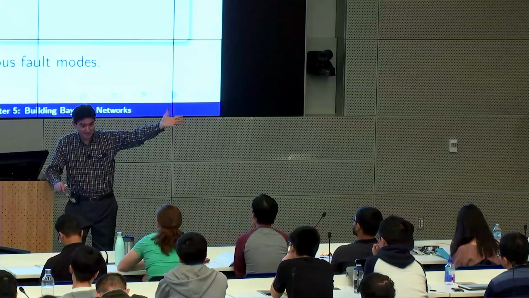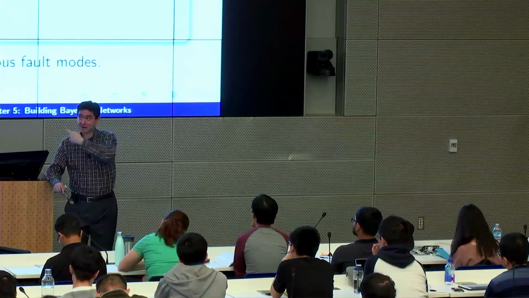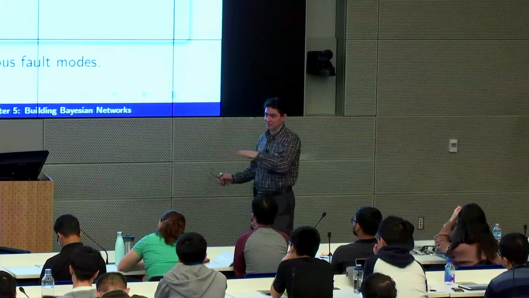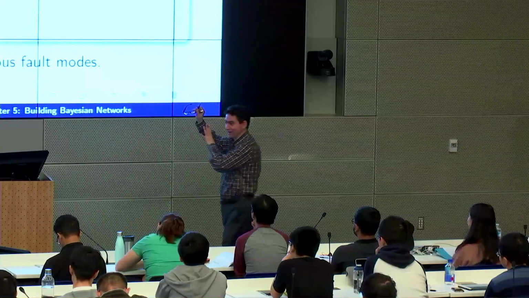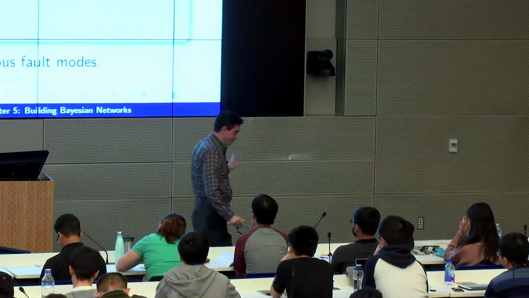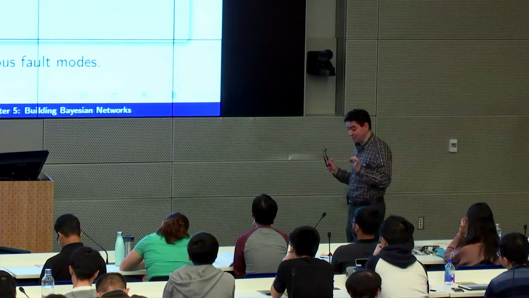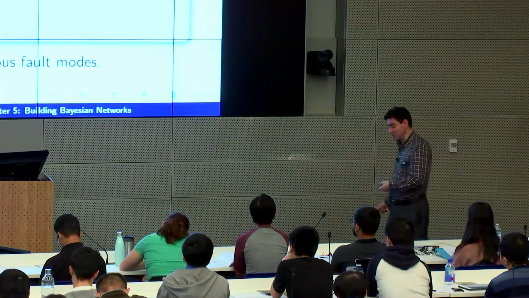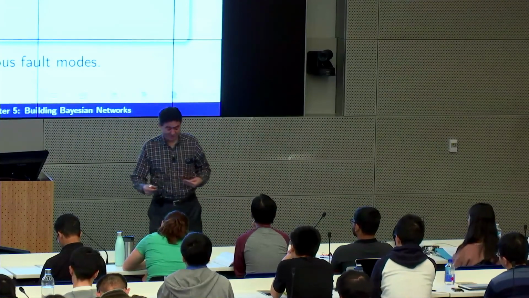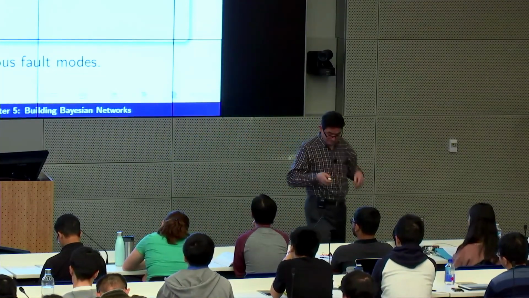It's a field. There are even, I'll maybe give you a hint later, things called life distributions and so on. So people know a lot about these things and how to estimate them for devices and so on. So we're going to assume we have these numbers. That's the only thing that you need as an input in addition to the circuit, which is these failure probabilities. And you're going to see that basically everything else can be automated.